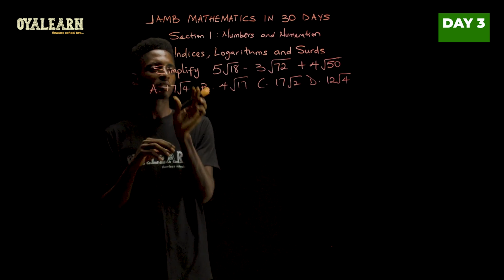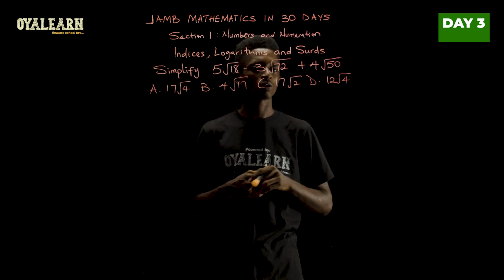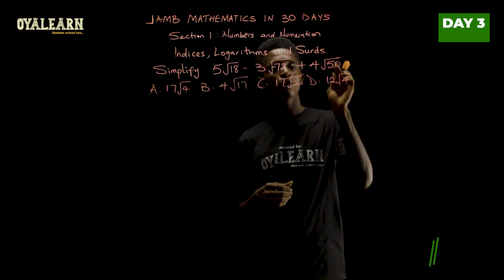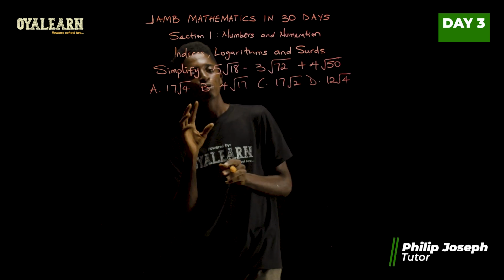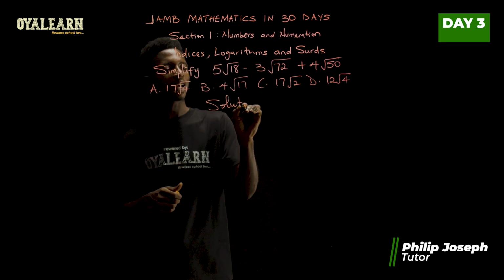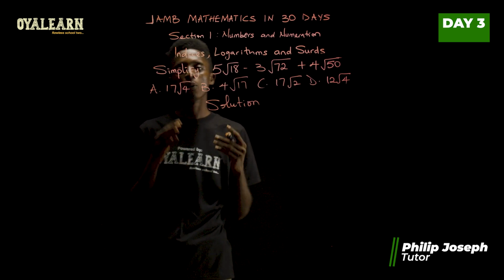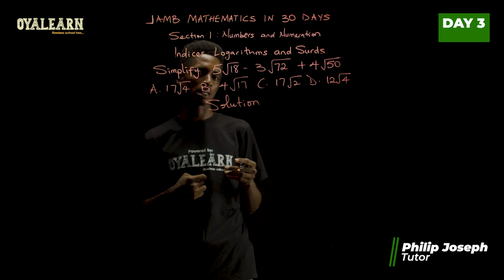In this question, we have to simplify 5 surd 18 minus 3 surd 72 plus 4 surd 50. Now, to do this, we have to find the highest perfect square we can get from this number when we express that as the product of two numbers.